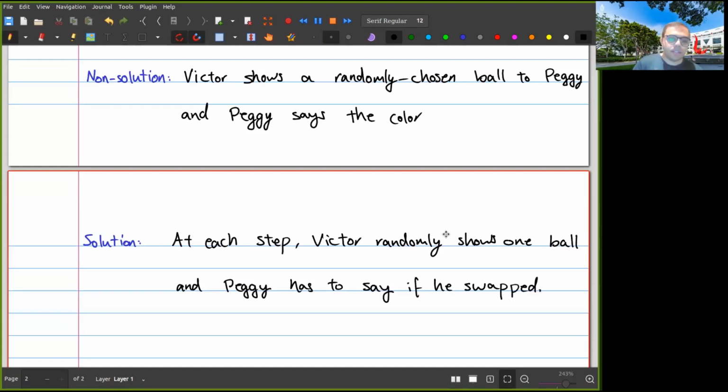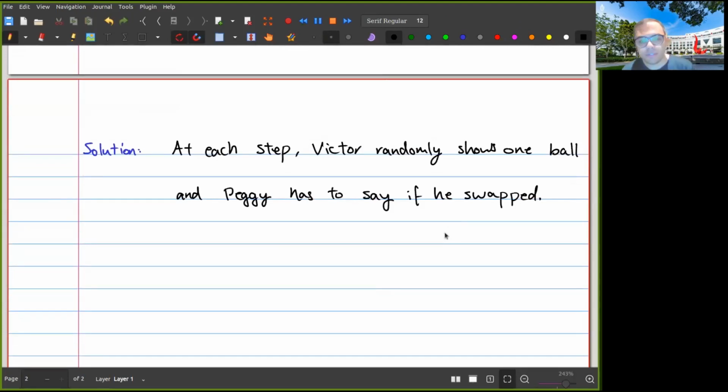Now, again, look at this from the point of view of Victor. If Peggy can always do this correctly, then you would be convinced with very high probability that she can actually see color. Right? Because you take the balls behind your back, you randomly bring one of them out, and if the balls were really the same, if Peggy had no way of distinguishing them, then Peggy would only have a 50% probability of answering correctly.